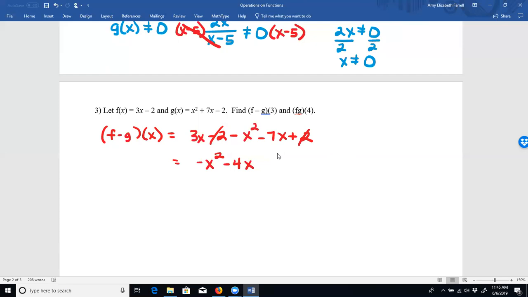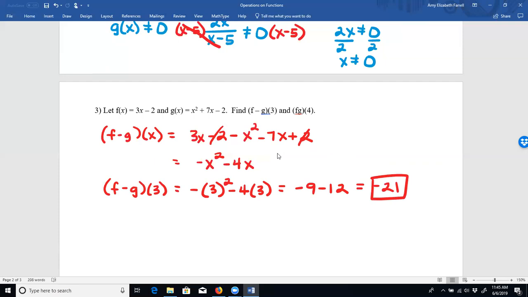So I've got f minus g of x. So if I want to find f minus g of 3, then I would just plug 3 into the function here. So I would have negative 9 minus 12, which would be negative 21.